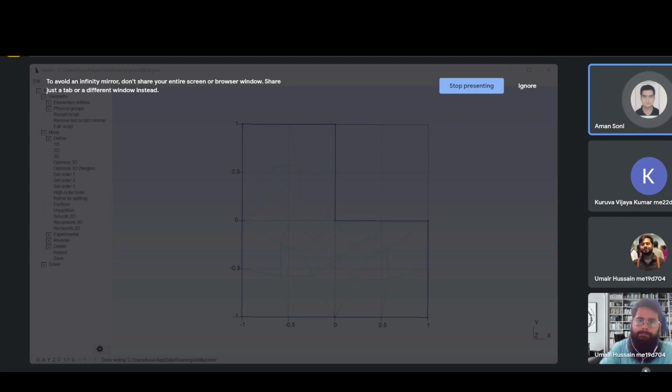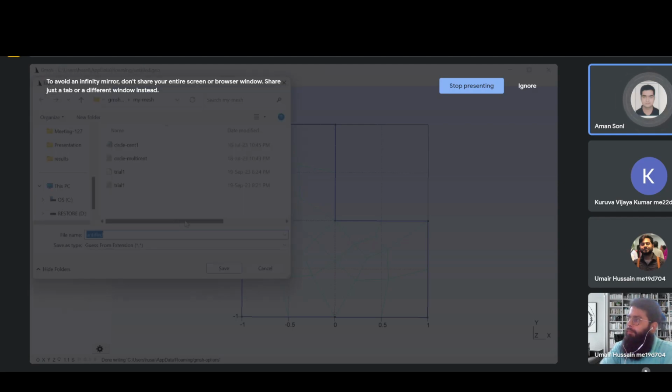Can you go back to that file? There should be some other save options. You can export this also; in export there are many options, and we get the extension option for a mesh file. Right now I have a geo option here, but that's geo unrolled.